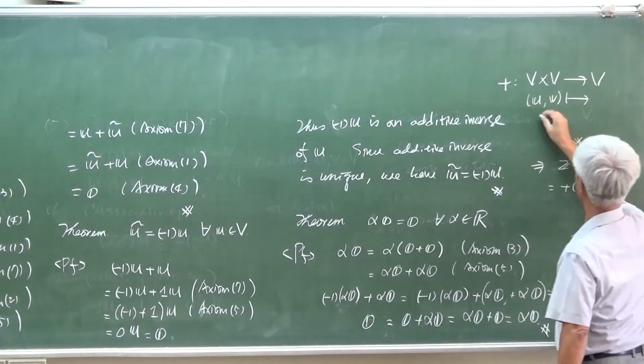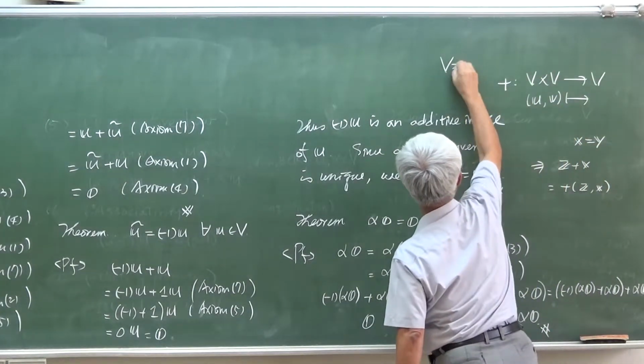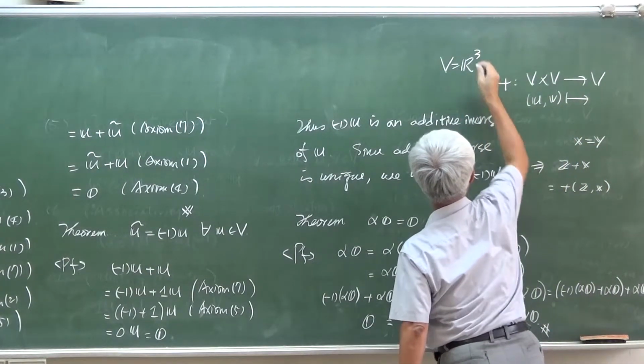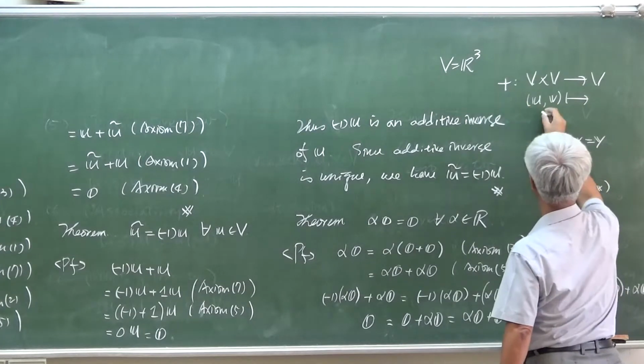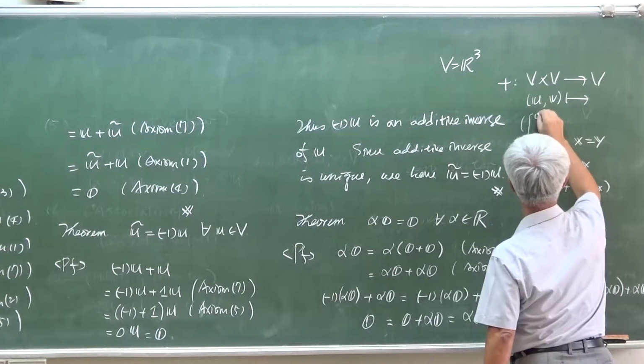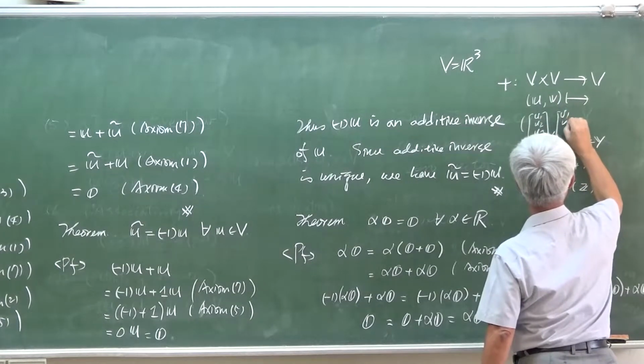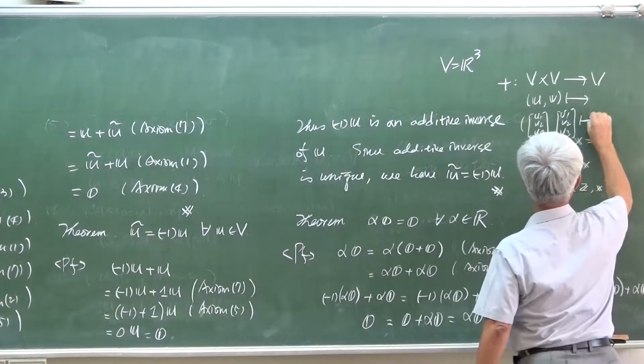Just like, suppose V is R3, and vector addition is that you put, say, U1, U2, U3 and V1, V2, V3, right?